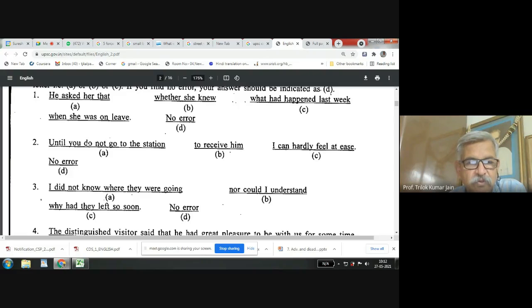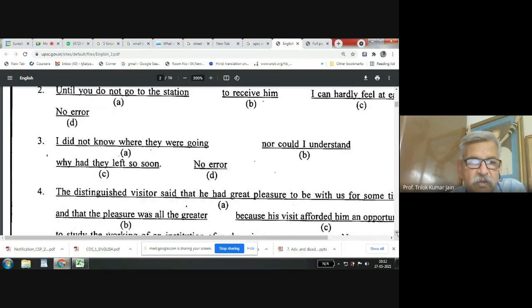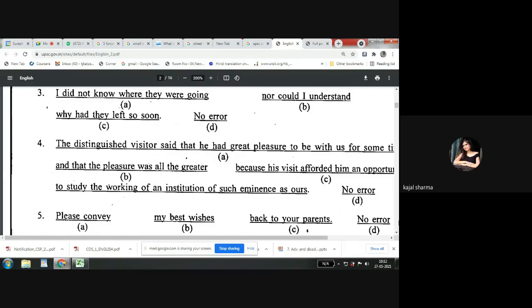Now we come to question number 3. What is question number 3? I did not know where they were going, nor could I understand why had they left so soon. I did not know where they were going. Is it correct? No, sir.